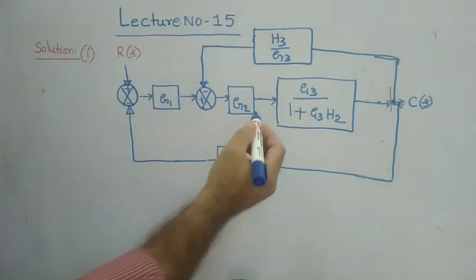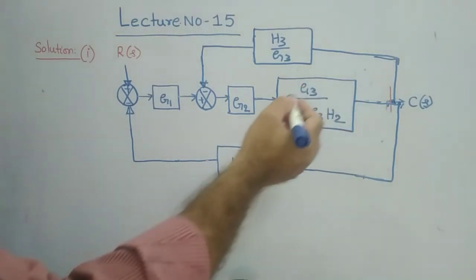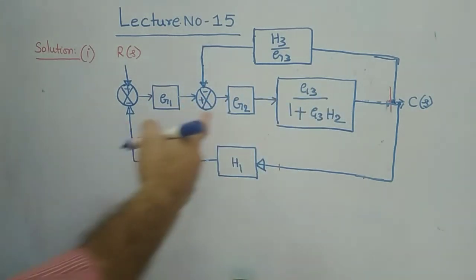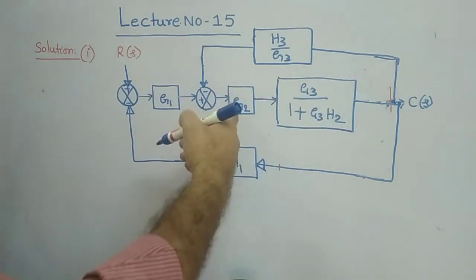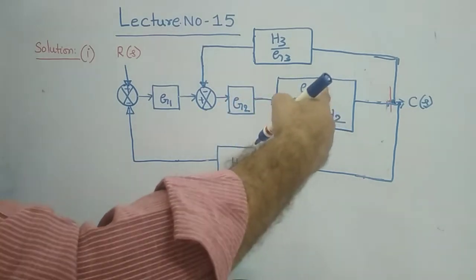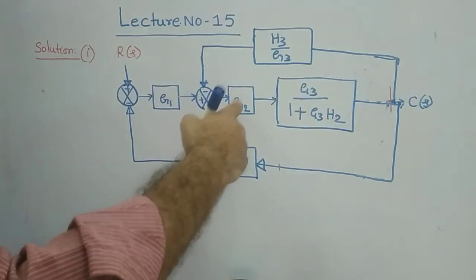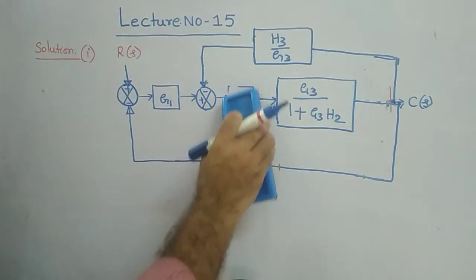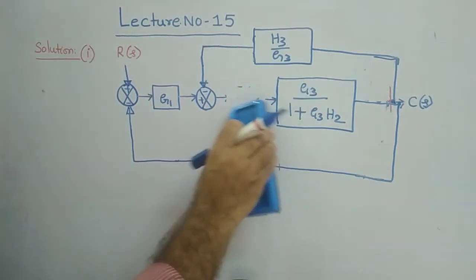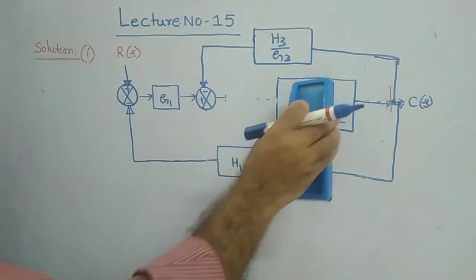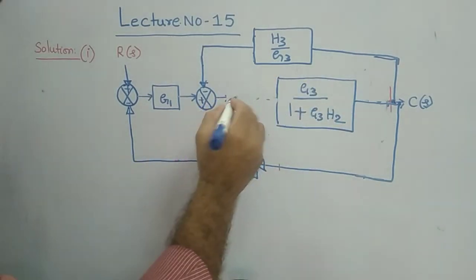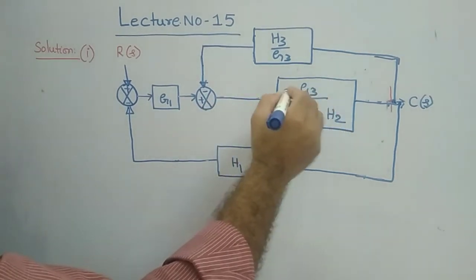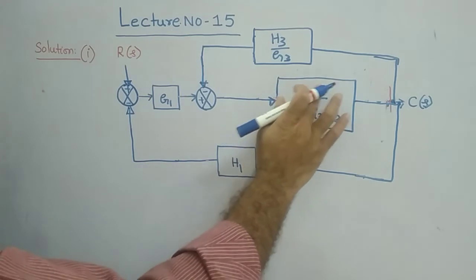Now again, if you see, this entire block is in series with G2, and these two will be in cascade. Therefore G2 is to be multiplied with this total. What is the resultant? G2 into G3. Then you can remove this G2 and have a direct connection to this block, and write G2 G3 here.